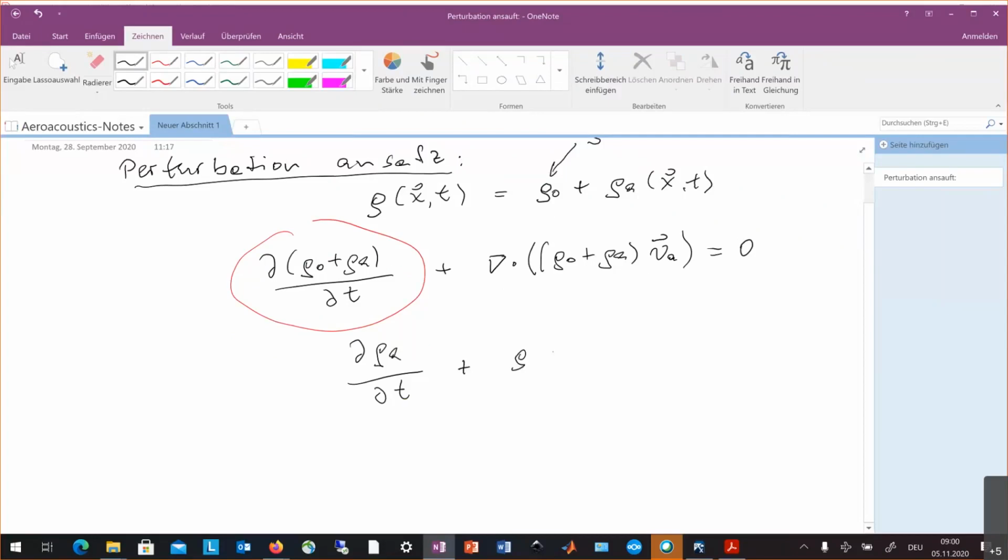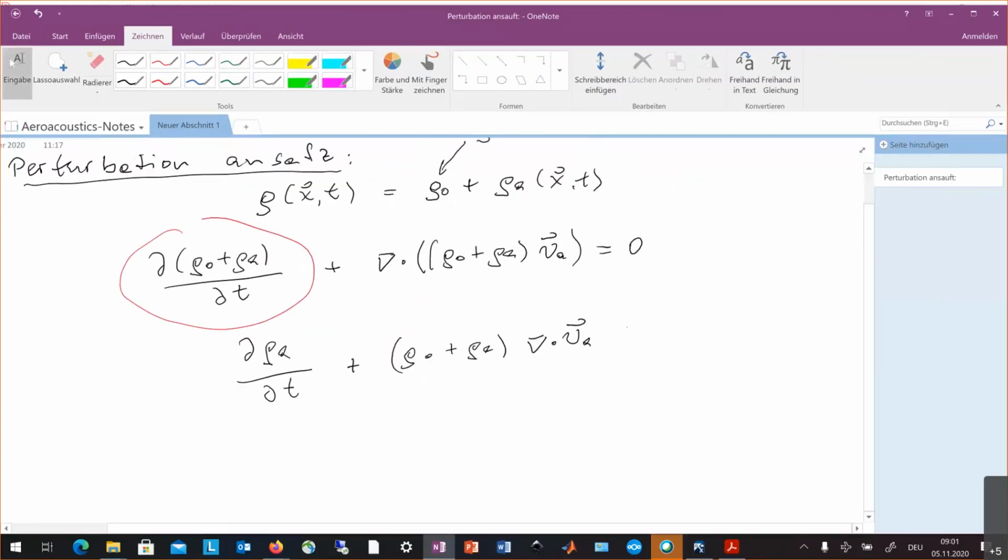You have mean density plus acoustic density multiplied by the divergence of the acoustic particle velocity, plus the acoustic particle velocity dot product with the gradient of mean density plus acoustic density. And clearly that should be equal to 0.